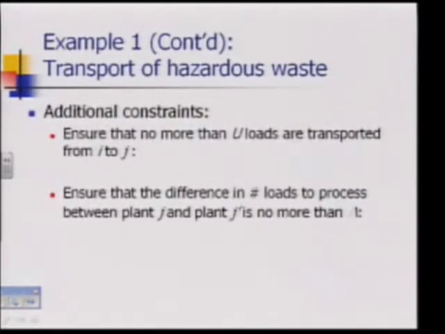If I want to put some additional constraints on this, I want to ensure that no more than U loads are transported from I to J. Or maybe I want to ensure that the difference in the number of loads to process between plant J and some plant J prime is no more than some value delta.